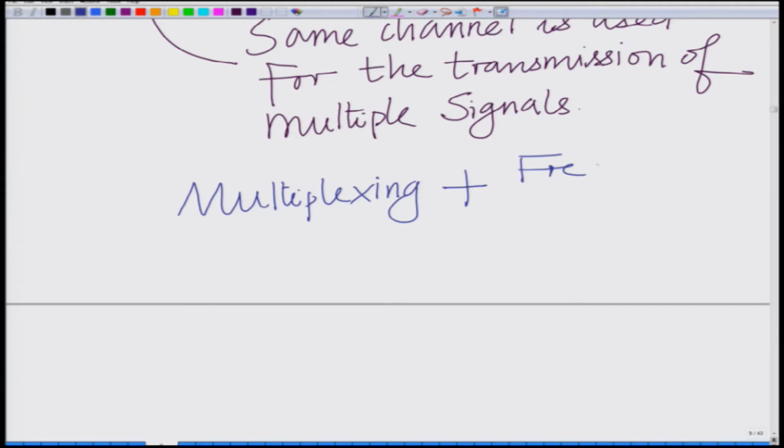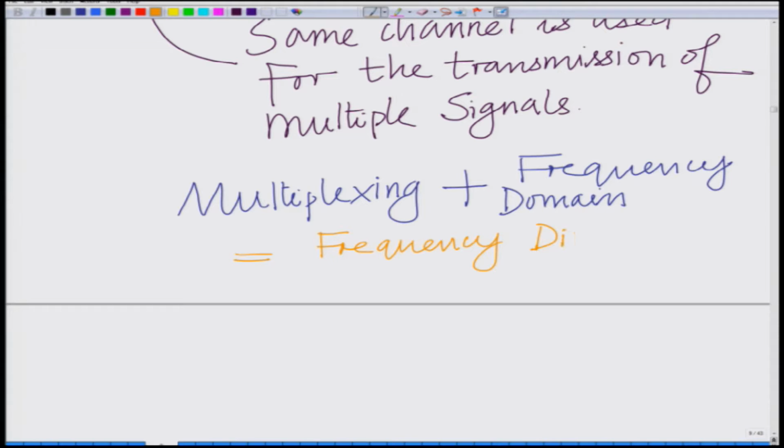There are various ways to do multiplexing. When multiplexing is done in the frequency domain, that becomes frequency division multiplexing, which is FDM.